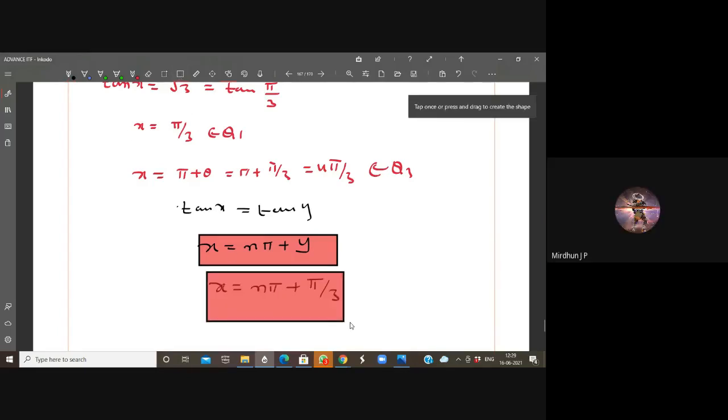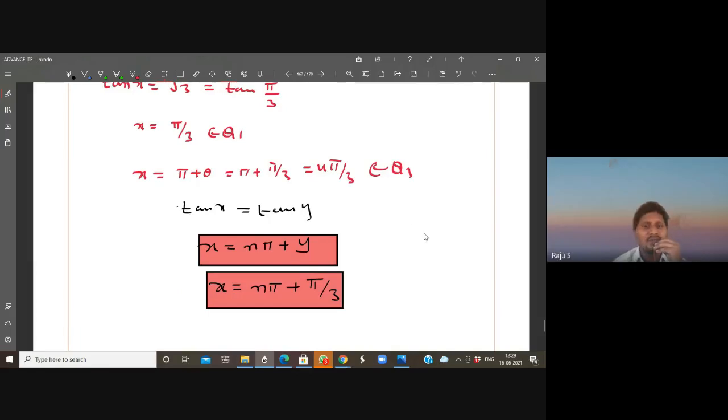Sir, if we write 4 pi by 3, we will not get the answer pi by 3. When you substitute a negative value, don't you get pi by 3?